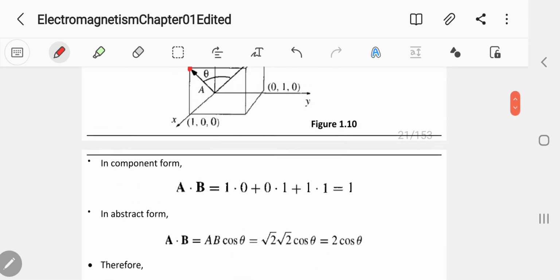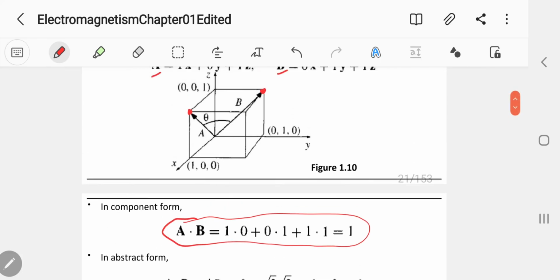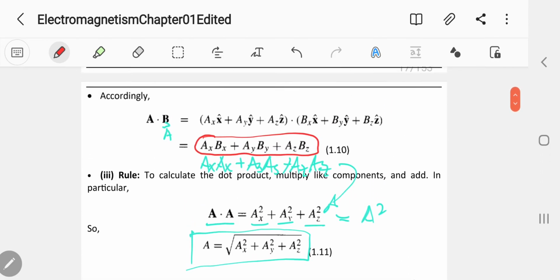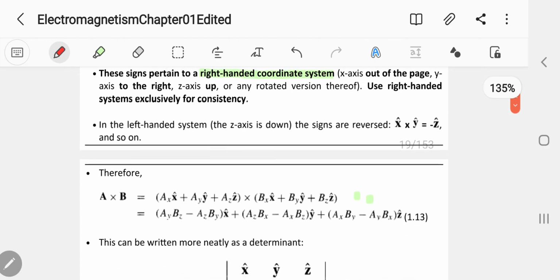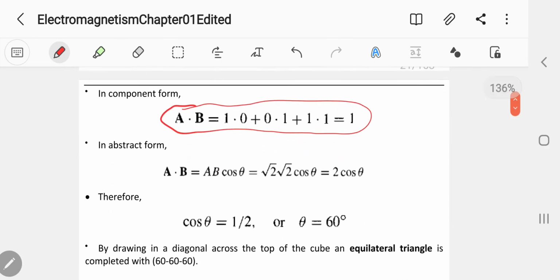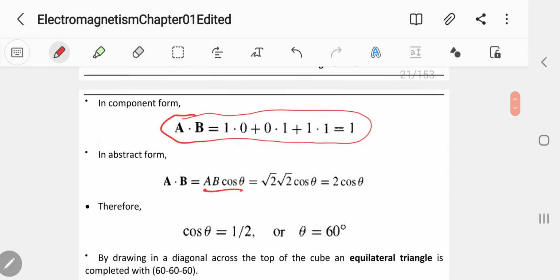So you can get the dot product of A and B. The dot product is just equal to that, using the formula that you can get here. So A dot B is equal to 1, and A dot B is equal to AB cosine of theta. But what is A?